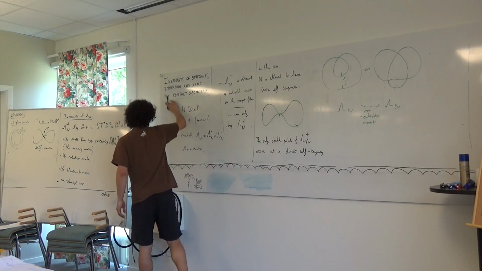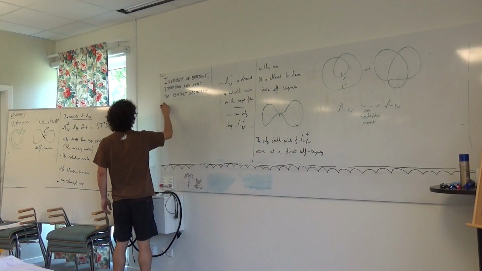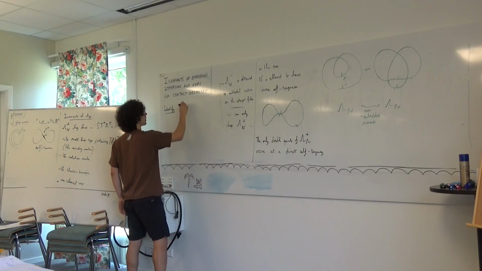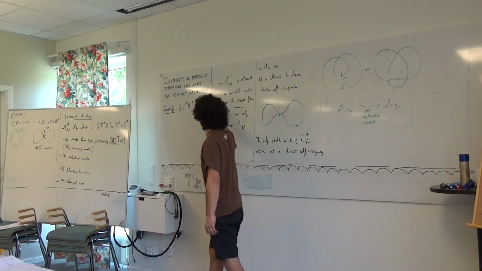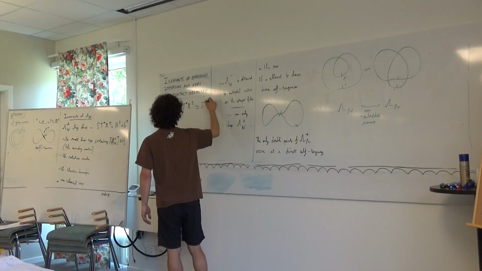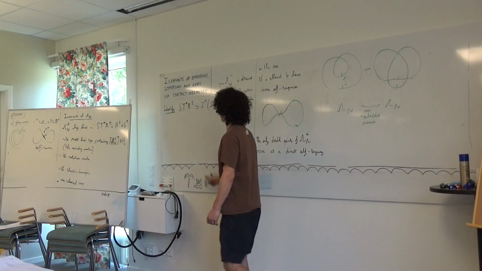So in fact we will have to identify this bundle with a one jet space. So here it's the one jet space of S1. And they are contactomorphic.